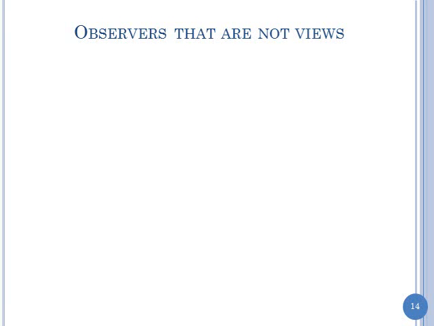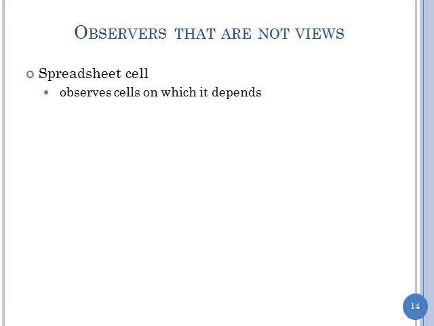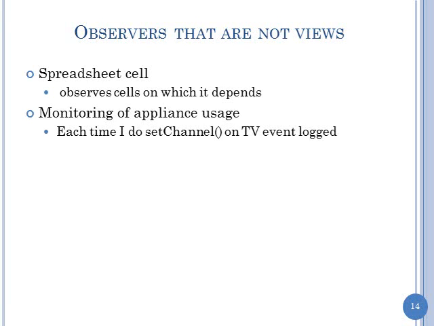Whenever you have dependencies among models, the spreadsheet was a great example of that. What you had was a cell, and that cell did not know how many other cells would depend on it, so it just fired the events, and the other cells got updated. Okay? And there are actually lots of cases where you have observers.